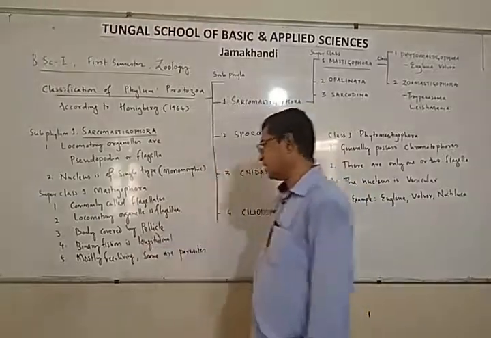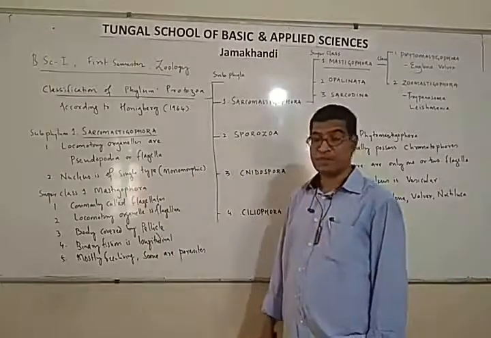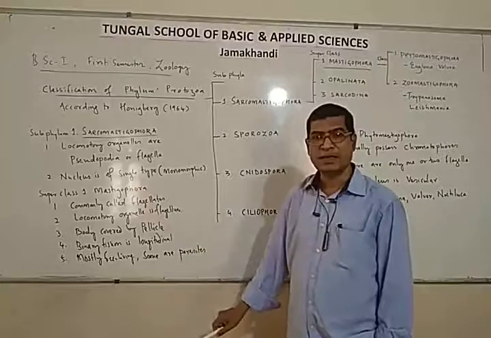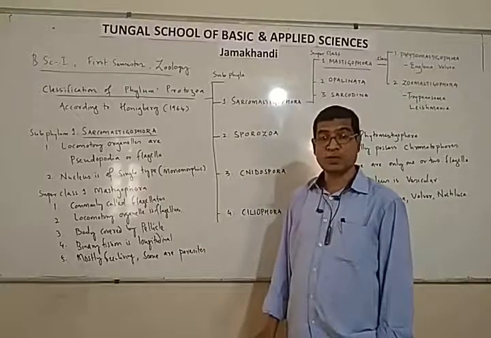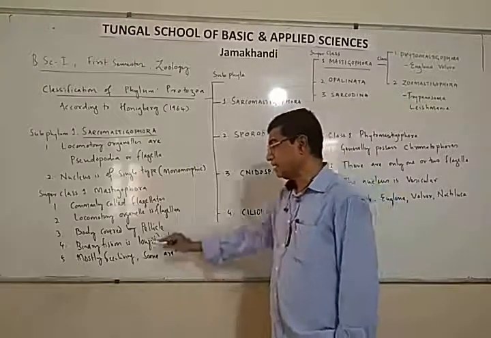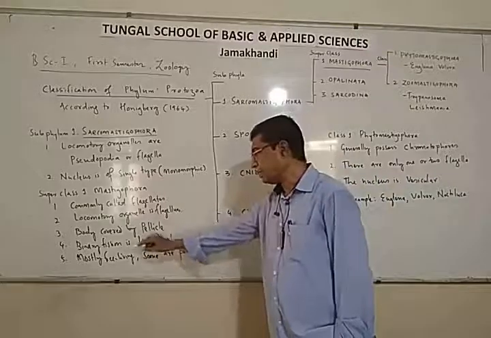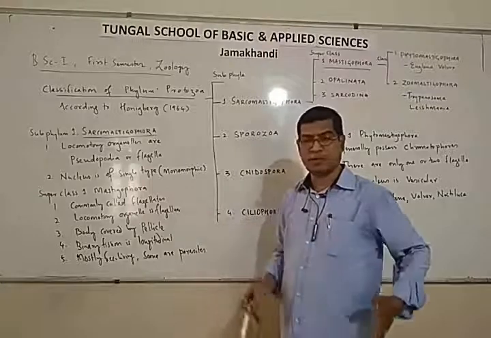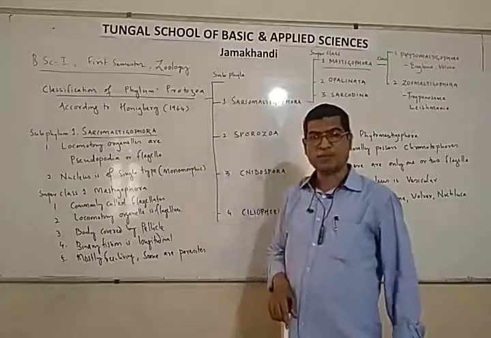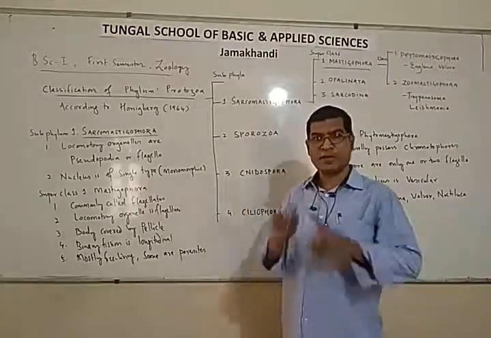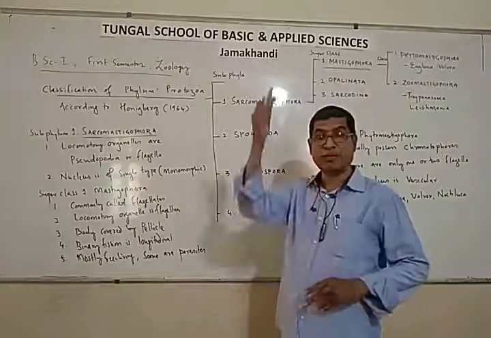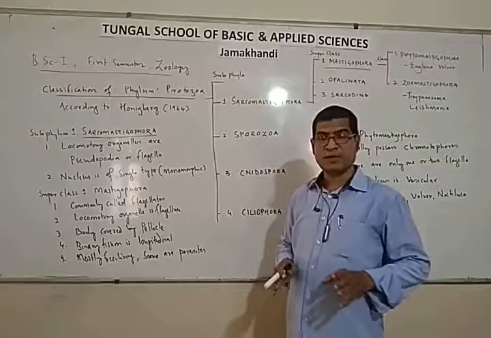Binary fission is longitudinal. Here reproduction occurs usually by asexual method. In that, binary fission takes place. That binary fission is longitudinal. There are different types of binary fission: longitudinal binary fission, transverse binary fission, irregular binary fission, oblique binary fission, depending upon the plane of fission.